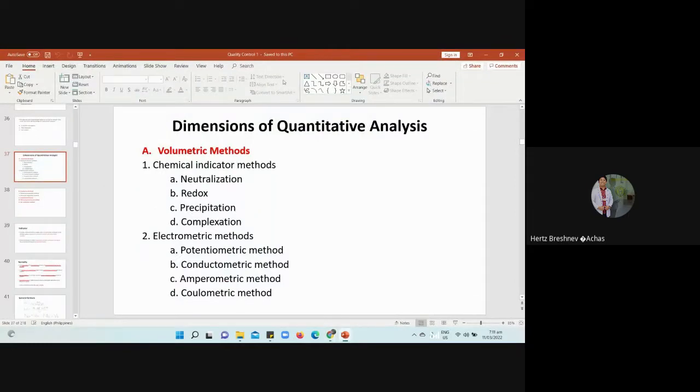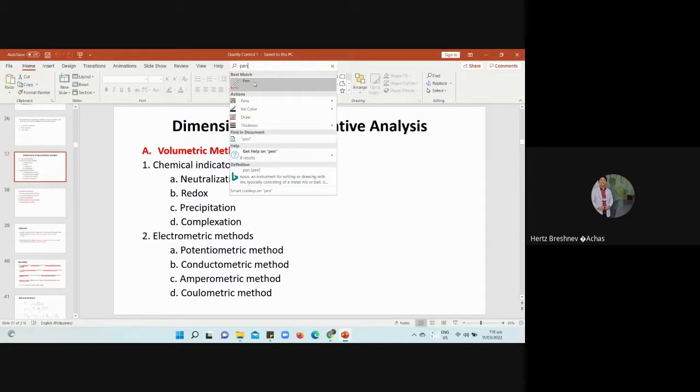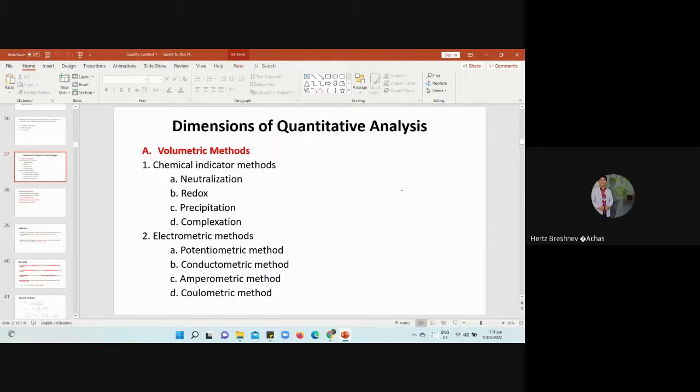So today we will continue discussing the topic of quantitative analysis. Last time we already discussed and emphasized the main concerns of pharmaceutical analysis: the skills that need to be developed in order to assess the safety, efficacy, stability, and purity of the substance.